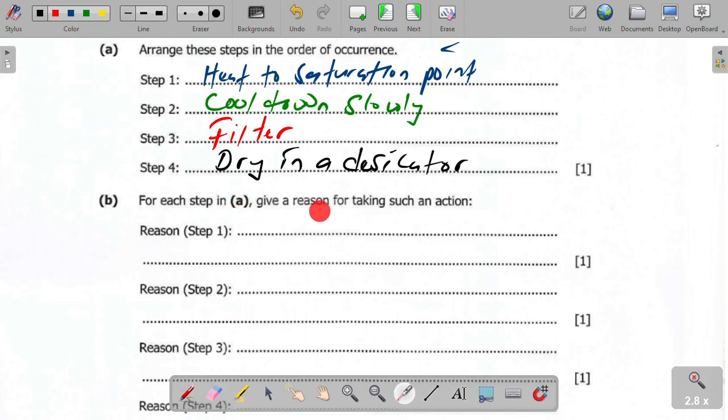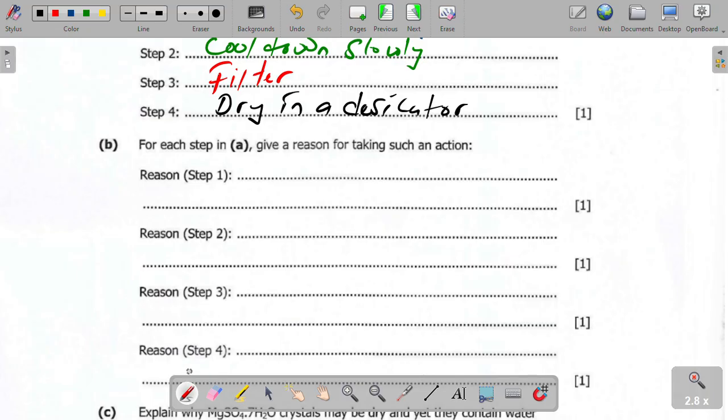B, for each step in A, give a reason for taking each such action. So in step 1, why heating to saturation? The reason is simple: to evaporate the solvent. In this case the solvent is water.